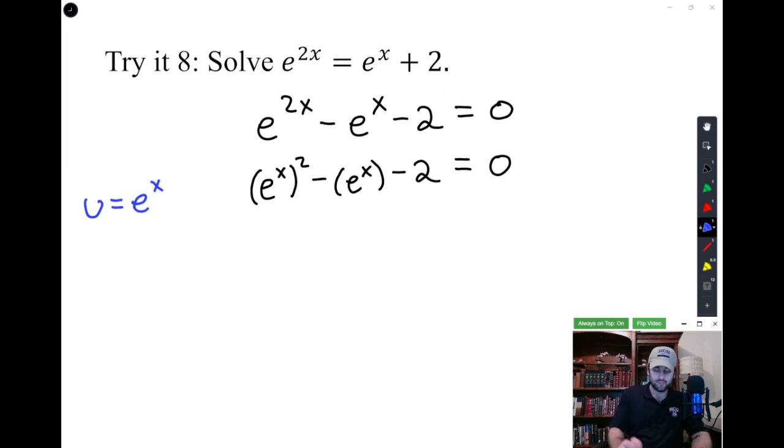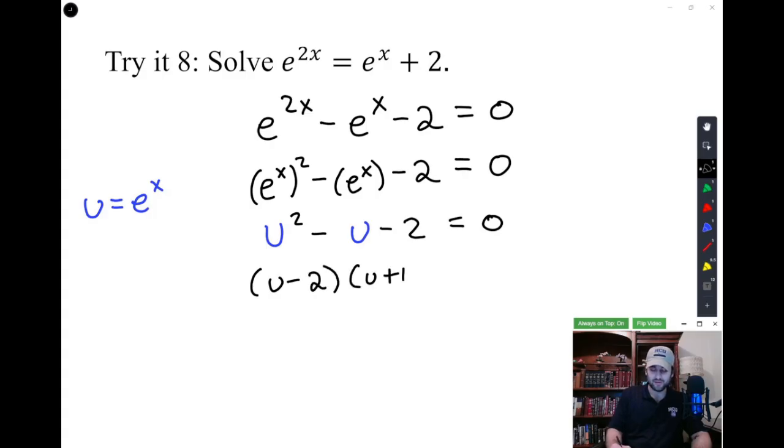And so what I'm left with is u squared minus 2u equals 0... and that looks like a problem that we've done before. That's just (u minus 2)(u plus 1) equals 0, which means u equals 2 and u equals -1.